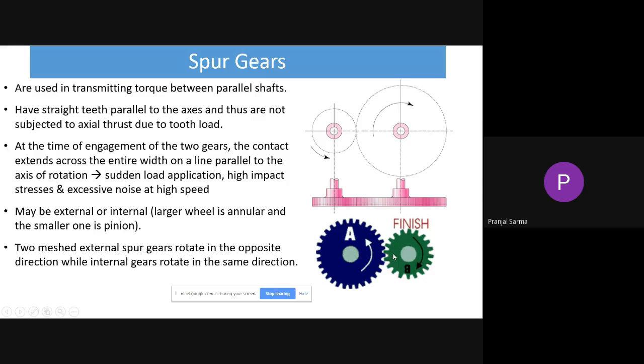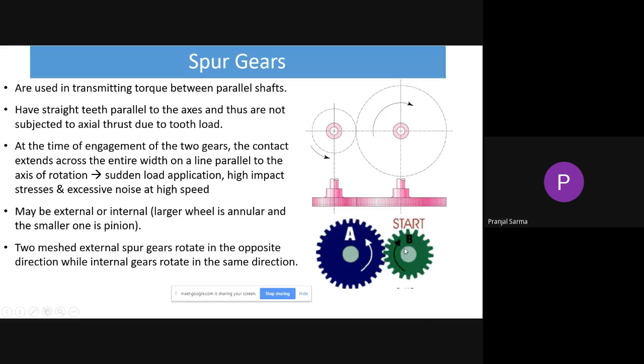Right now we are not specifying which one is the driver and driven, but generally, if nothing is specified, the smaller gear is considered as the driver, and in that case we use the word pinion for it. Gear and pinion, you might have heard the words. To distinguish the bigger and the smaller gear, for the bigger one we use the word gear, and for the smaller one we use the word pinion.